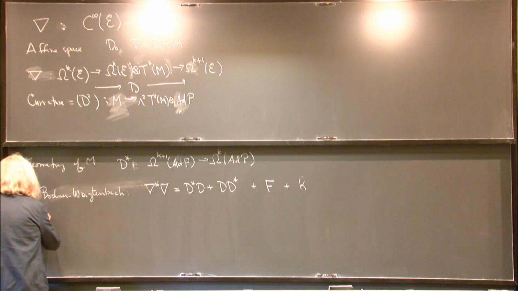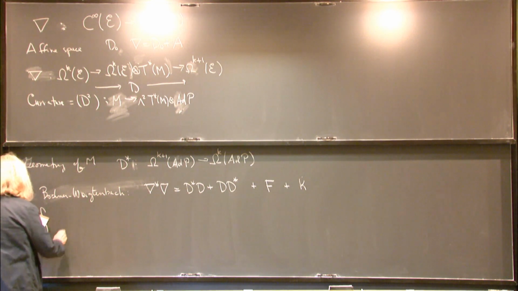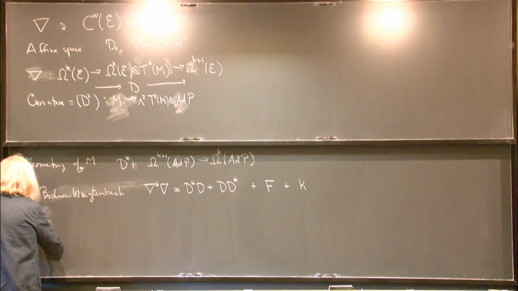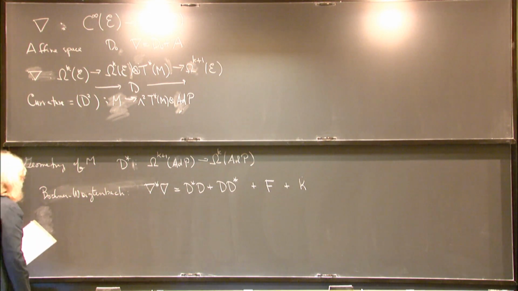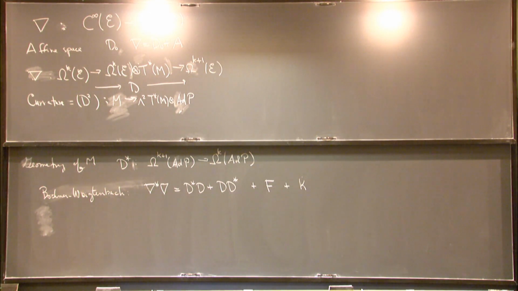Let me just say something for a moment because I don't actually know exactly what we want to do. I should have looked at the Simpson stuff, but I was so busy thinking about how to explain this that I didn't have time.